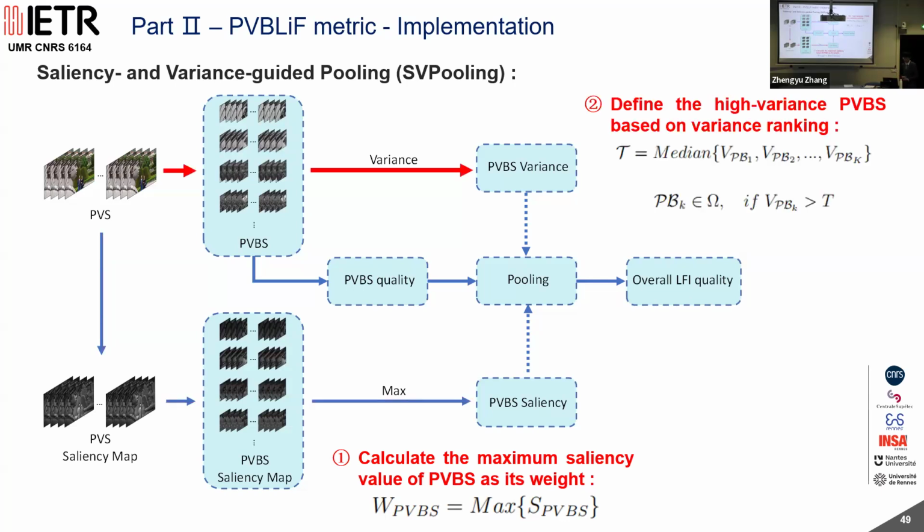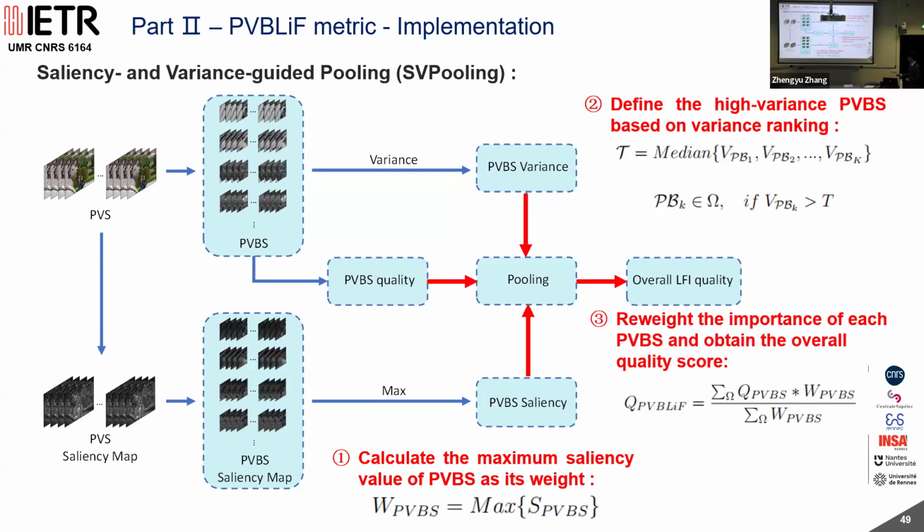And then we define the high variance PVBS based on the variance ranking. Here, we first rank PVBS according to their variance, and then we use half of the PVBS with higher variance as the high variance PVBS. And finally, we rate the importance of each PVBS and obtain the overall quality using these two components.